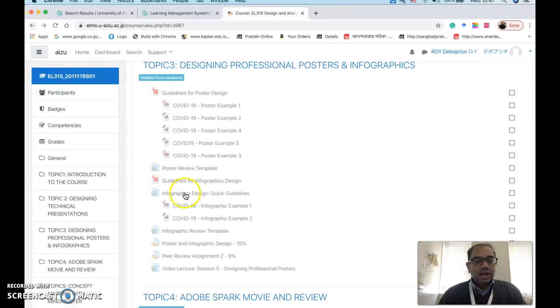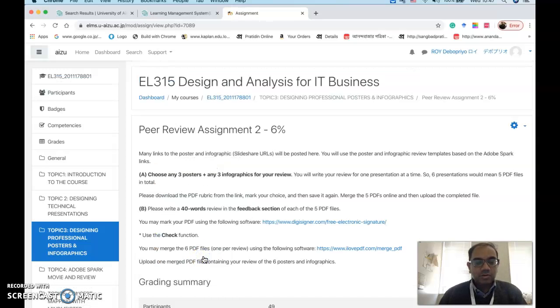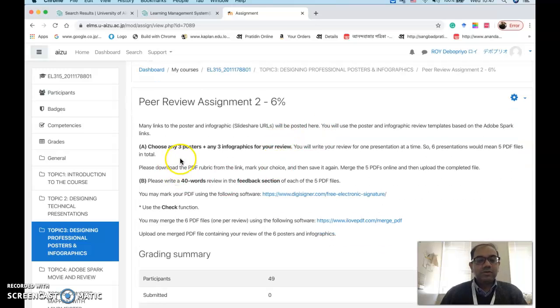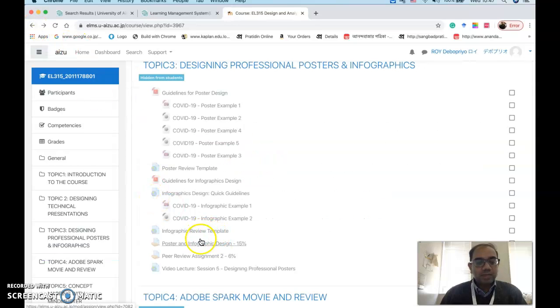So this is the peer review assignment. I'm not going to talk very much about the assignment. You have to choose 3 posters and 3 infographics to review, based on the templates you see here. This is the poster review template. This is the infographic review template.